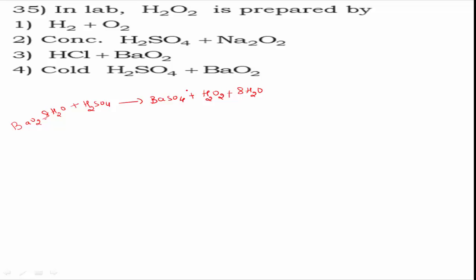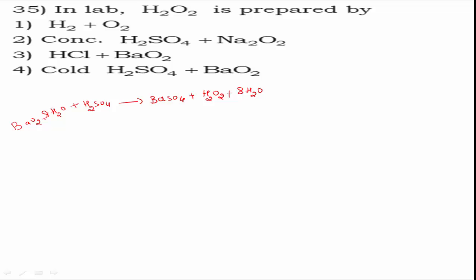This is the reaction. BaO2.8H2O is hydrated barium peroxide. During this preparation, a paste of hydrated barium peroxide, BaO2.8H2O, is prepared in ice cold water and then added slowly to an ice cold solution of 20% H2SO4.